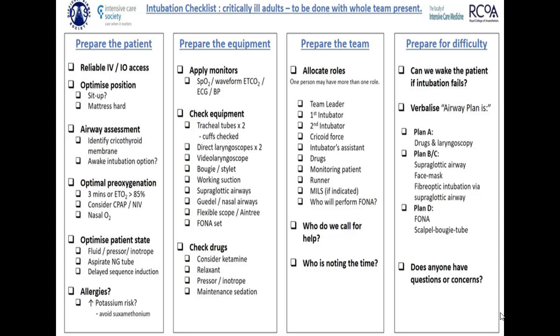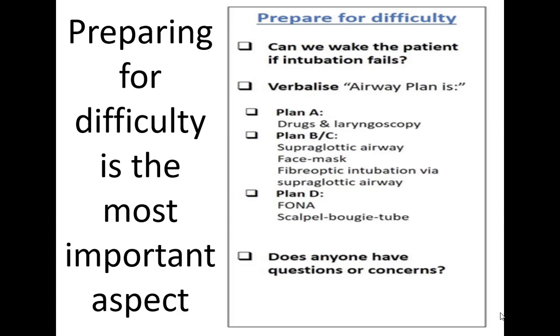So you have these DAS guidelines, 4 phases: how to prepare the patient and equipment, how to prepare the team, and how do you prepare for the difficulty. So it is better to prepare for a difficulty even if you know that the intubation is going to be easy, because then in case you run across a patient with difficult intubation, you are already ready for that.